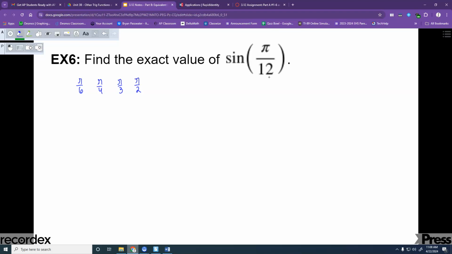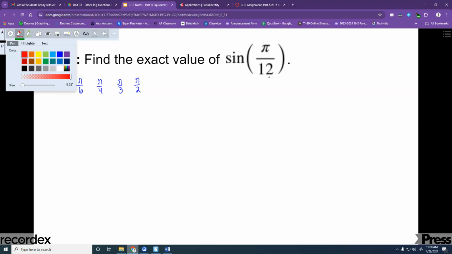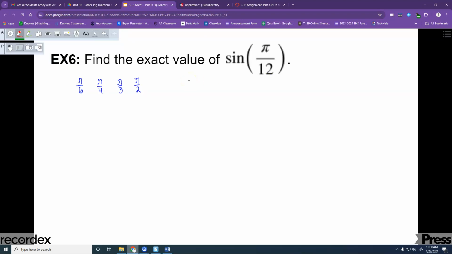So if we think about taking these and getting a common denominator, pi over 6, we would have to multiply the top and bottom by 2, and pi over 6 would be 2 pi over 12. And then if we want a common denominator for pi over 4, we would multiply by 3 on top and bottom to get 3 pi over 12.